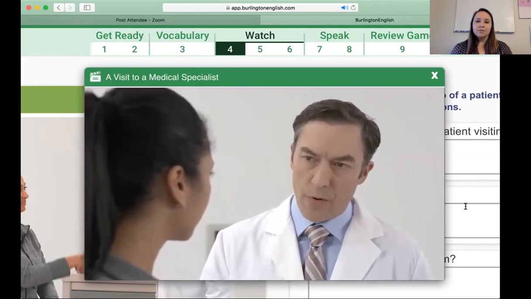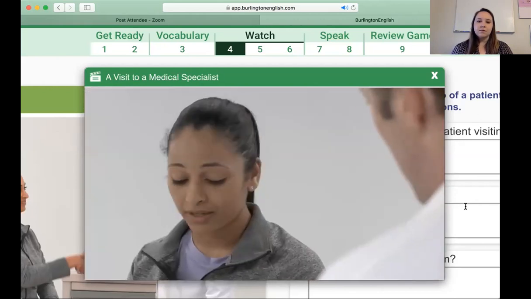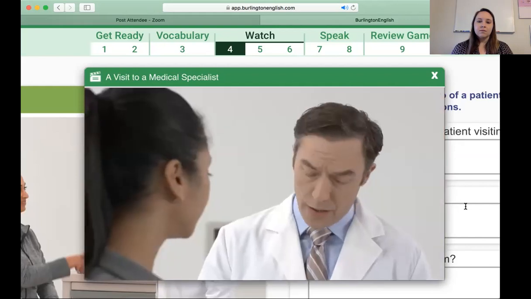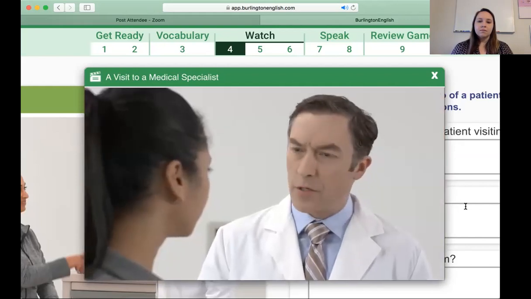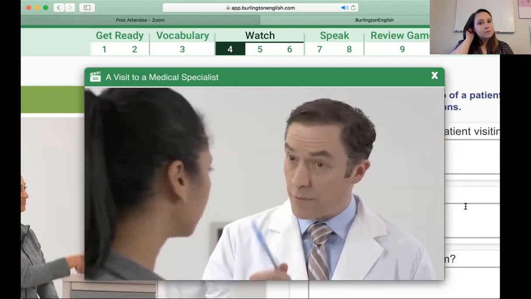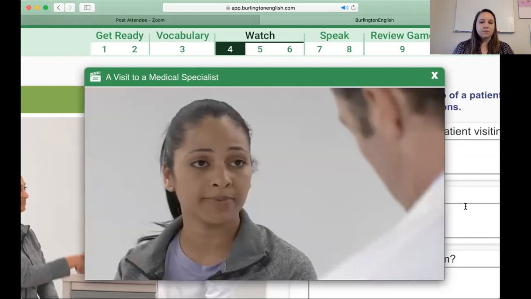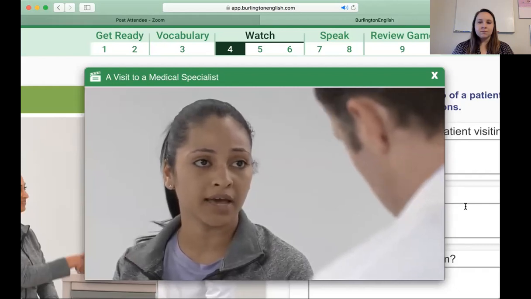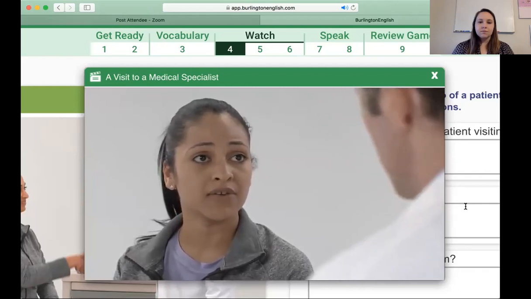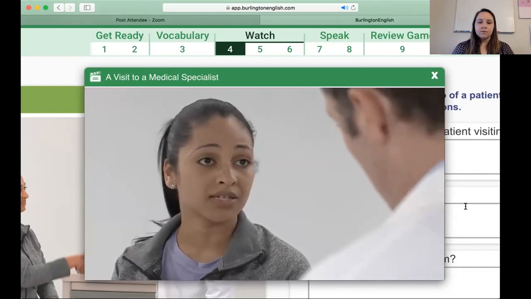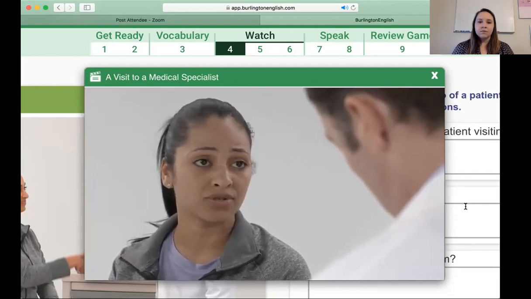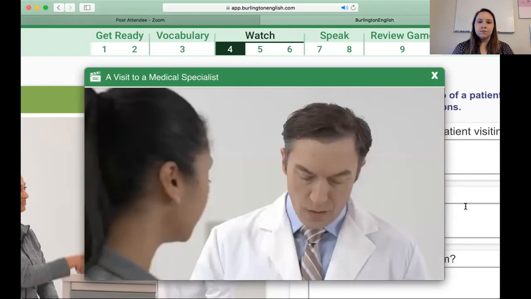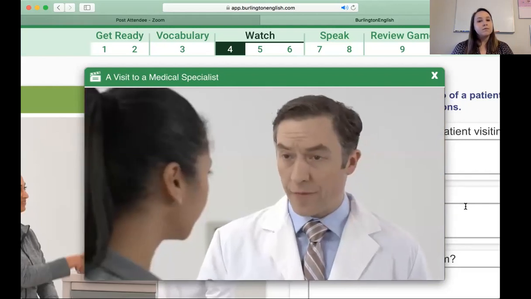Are you in a lot of pain right now? Yes, my knee hurts a lot. I'm sorry to hear that. Did Dr. Parks give you a treatment plan when you saw her, and did you follow it? Yes, she prescribed some painkillers. I took them and they helped for a while, but now I don't have any left and the pain has returned. It's even hard for me to walk right now. Yesterday I tried to walk my dog, but I had to stop because my knee was killing me. Okay. Well, I can refill your prescription.